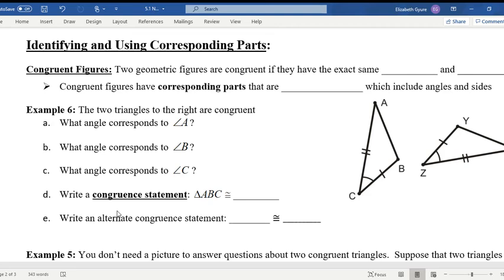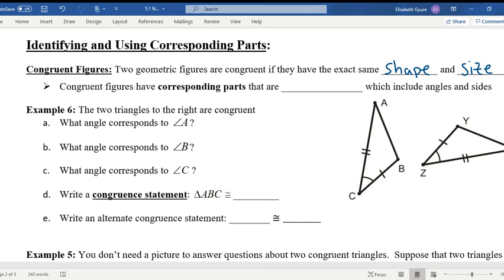Two geometric figures are congruent if they have the exact same shape and size. So everything about them is exactly the same. They're the same shape and the same size.